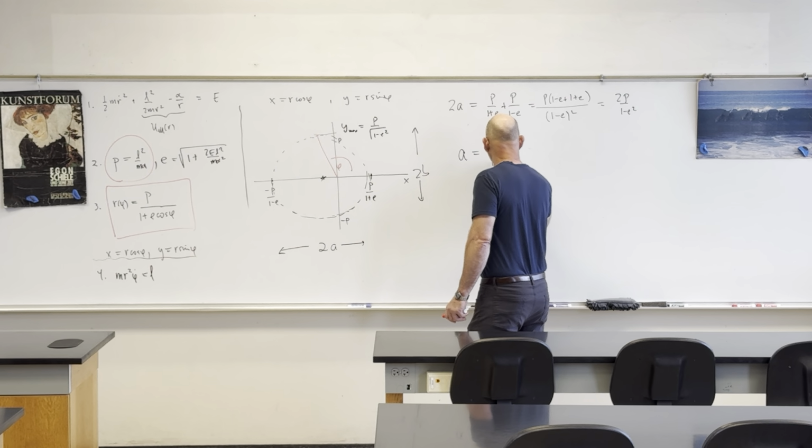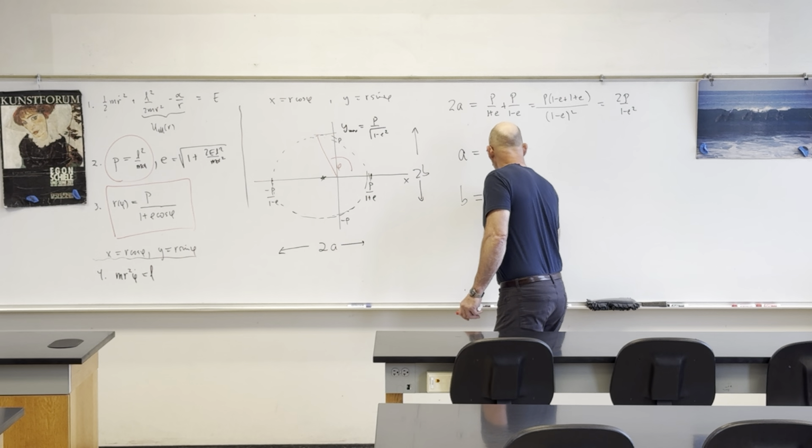And we just found b. And b is equal to p over root 1 minus e squared.